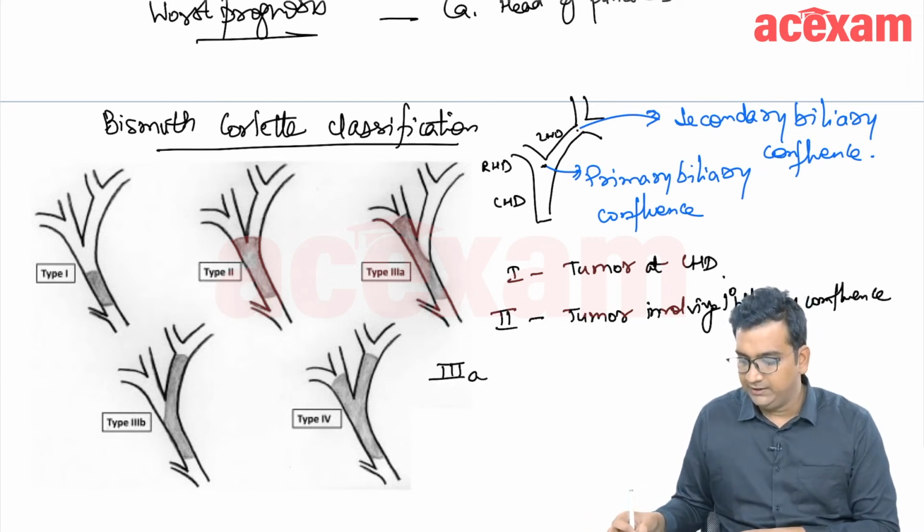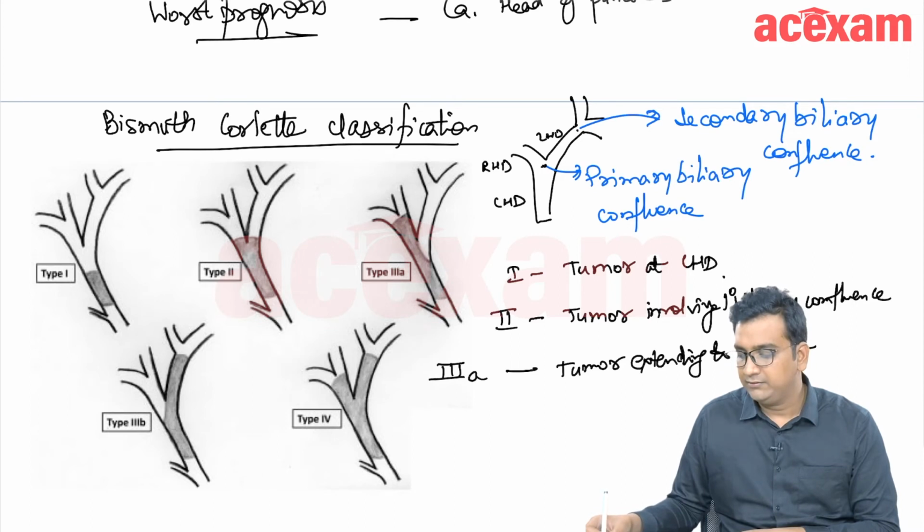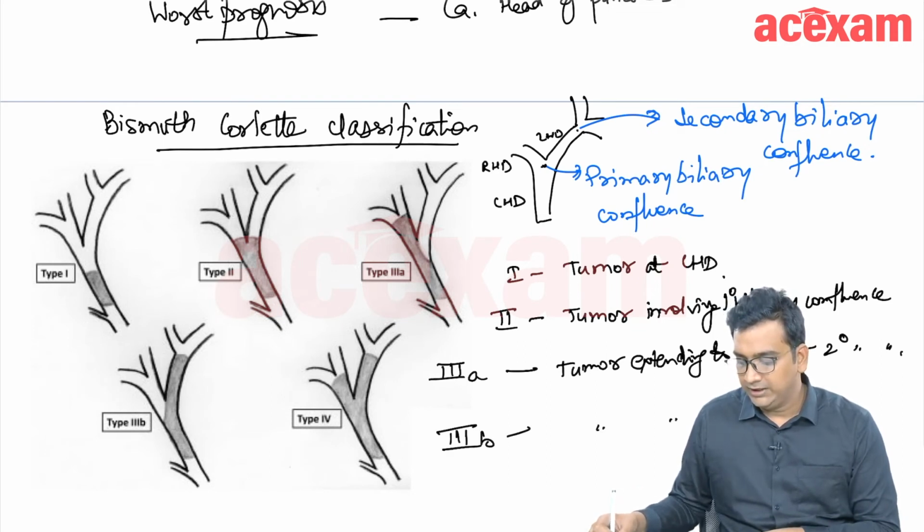Type 3A is tumor extending to the right secondary biliary confluence, and type 3B is tumor extending to the left secondary biliary confluence, and type 4 is tumor extending to both secondary biliary confluences.